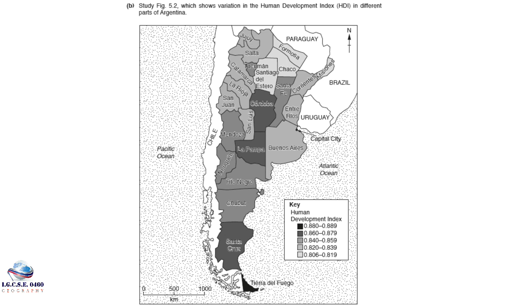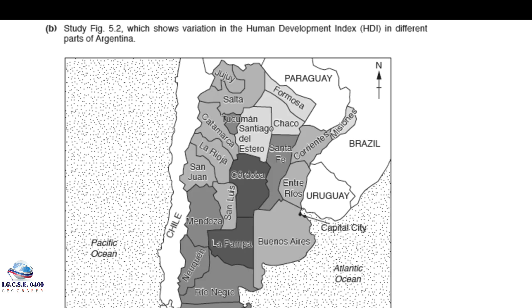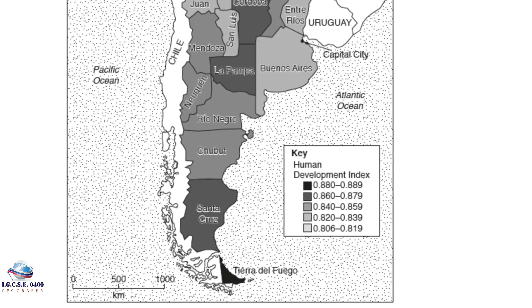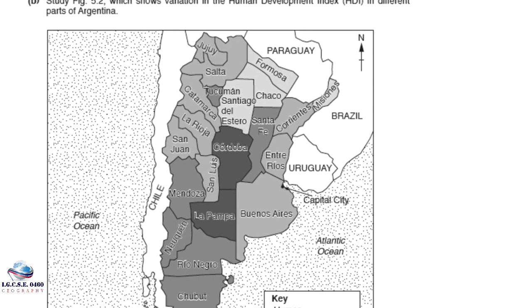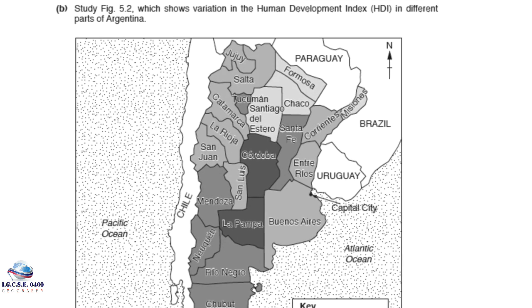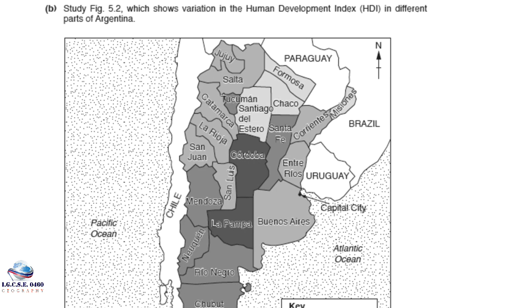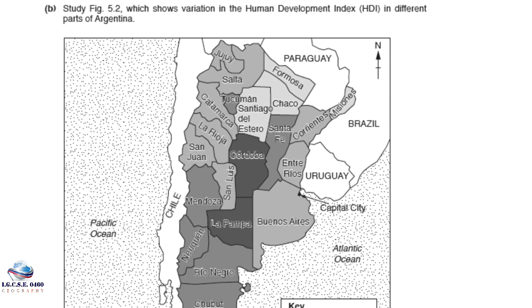We have an exercise or an assignment here from the past paper, and you can see from this map that the levels of development are different within this country that is being represented, or within this region. So let's read the question. Study figure 5.2, which shows variation in the Human Development Index in different parts of Argentina.